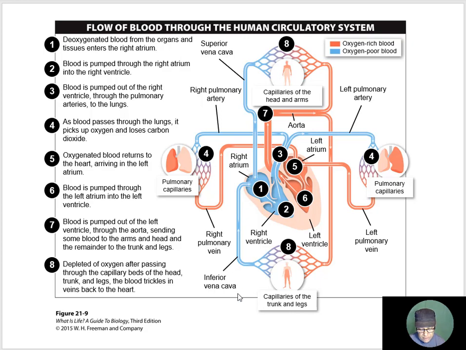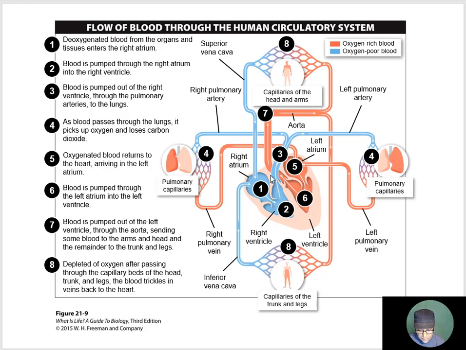But remember, we also have deoxygenated blood that's coming in from the capillaries of the lower half of the body, so the trunk and the legs, everything that is below. And so the deoxygenated blood is coming from there and going up through the inferior vena cava into the right atrium.